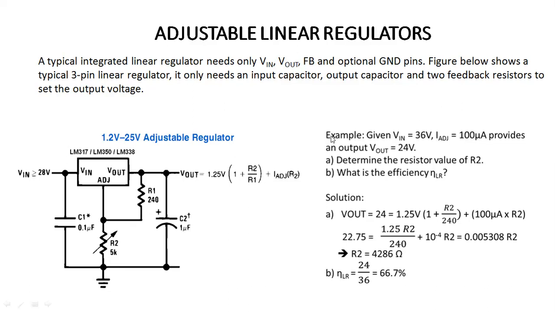If we have an example like this, they have given the input voltage, the current, and the output voltage. So here we are supposed to find the efficiency, and we are supposed to determine the resistor value of R1.